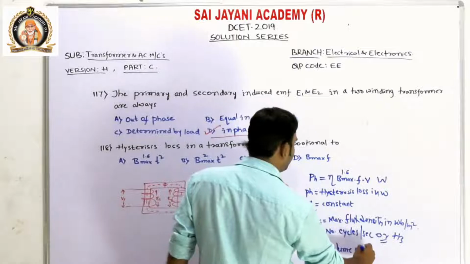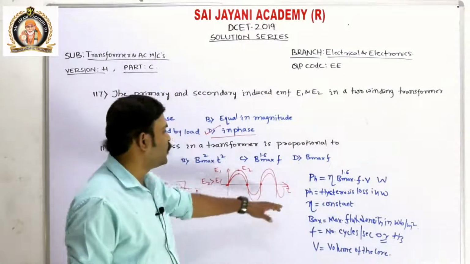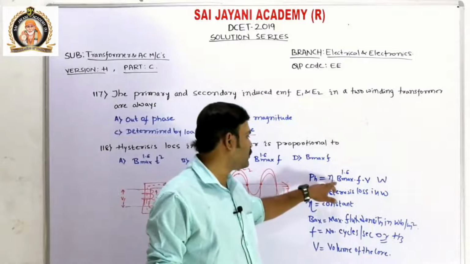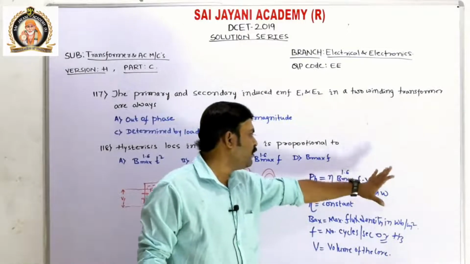So hysteresis loss equals constant into Bmax raised to 1.6 into F into V watts.